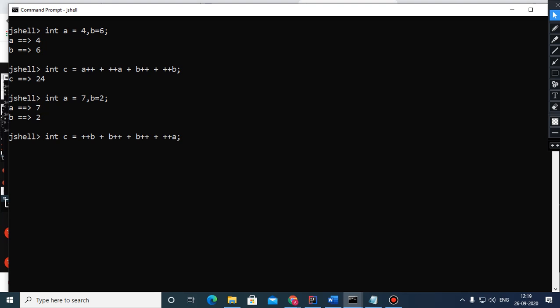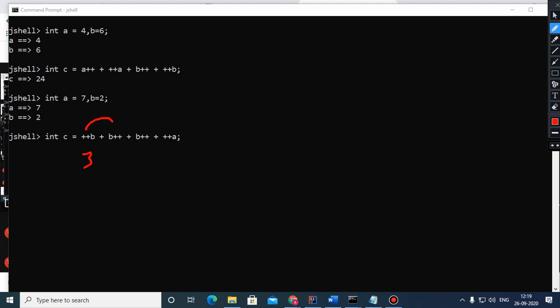So be very particular. Initial value of b is 7 and here it becomes 8. And when it reaches here, it was 8 only. Okay, b is 2. Wait, sorry. So here it becomes 3, and when it reaches here it will remain 3.